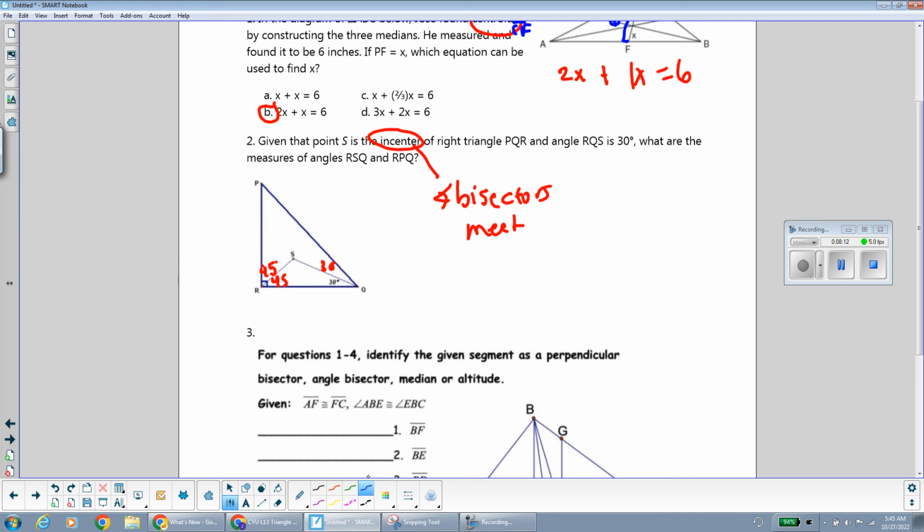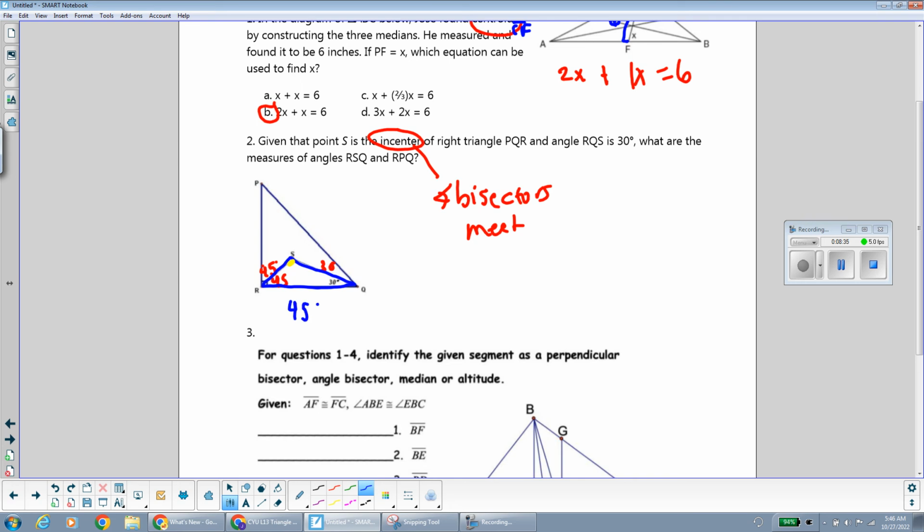What is the measure of angle RSQ? So RSQ is this angle right over here. That is the third interior angle of the triangle that I highlighted in blue. All 3 angles of any triangle add to 180.